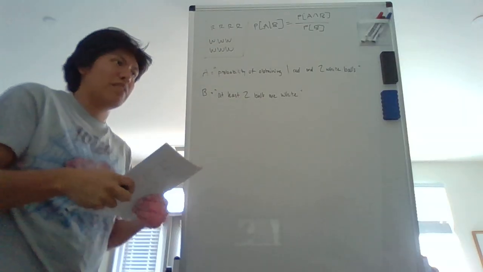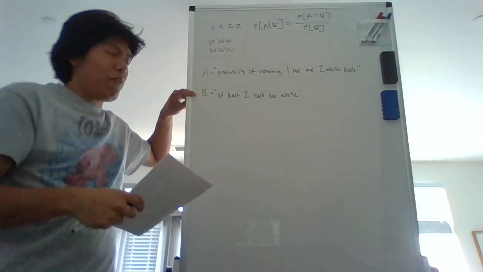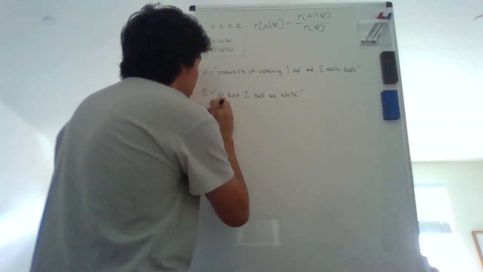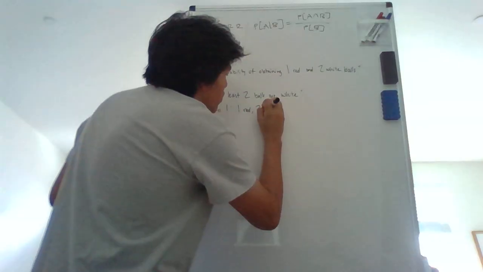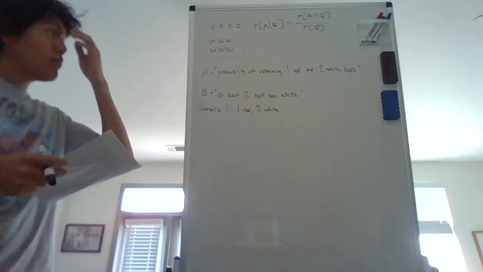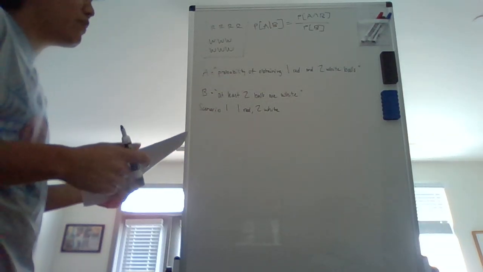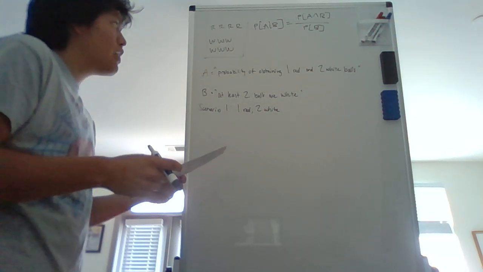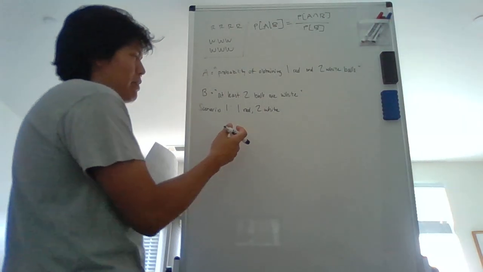So that's a couple of things to keep in mind when solving for the probability of B. I'll write them down. Scenario 1, we pull out 1 red and 2 white balls. What's the probability that this happens?